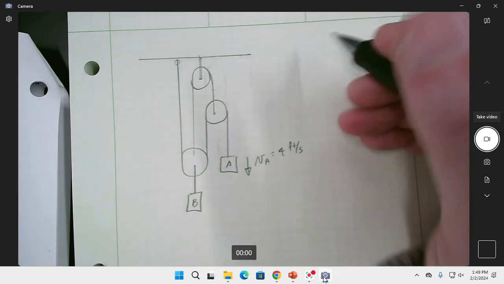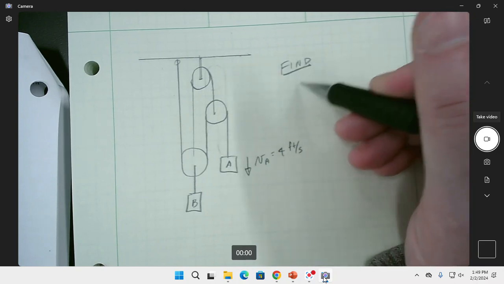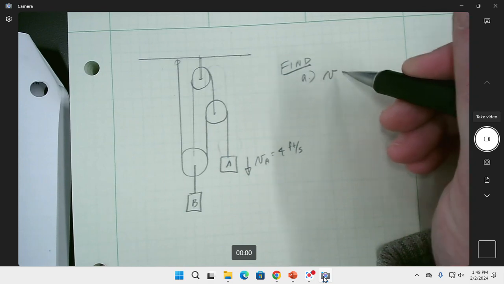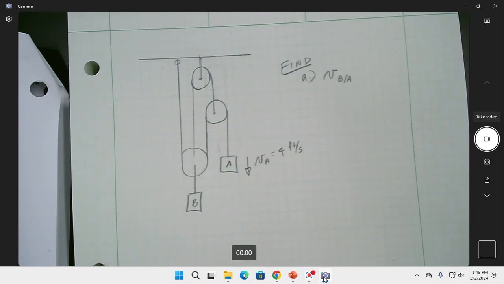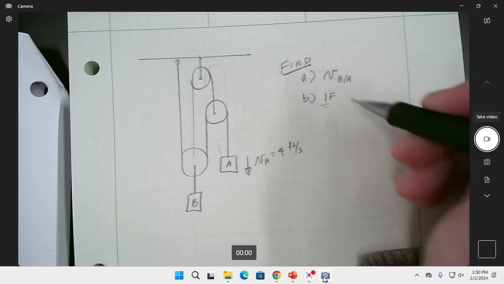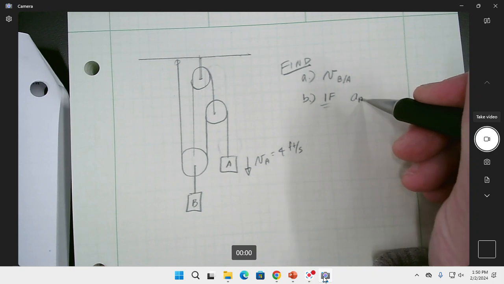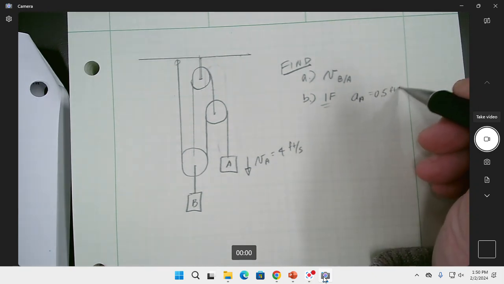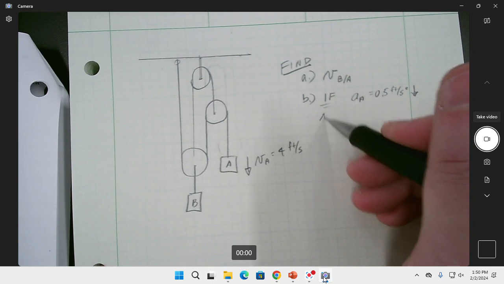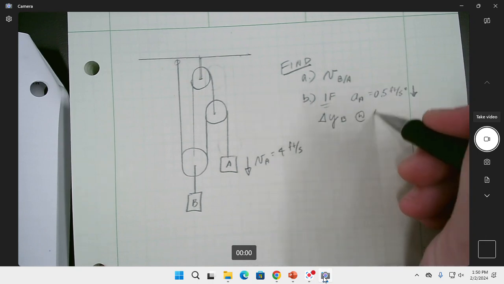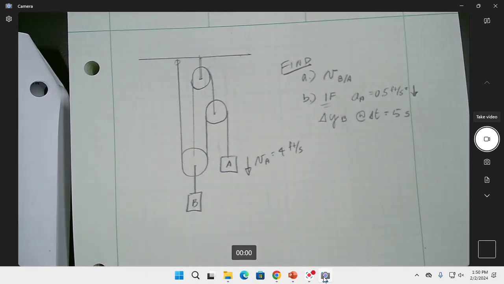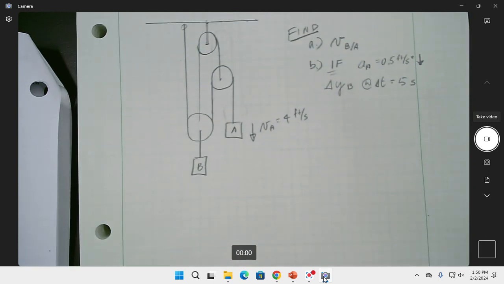What we're trying to find here is the velocity of B relative to A, which is another way of saying B with respect to A. And then, if the acceleration of A is 0.5 feet per second squared downwards, find delta YB at delta T equals 5 seconds. So it has that too, as part of it.